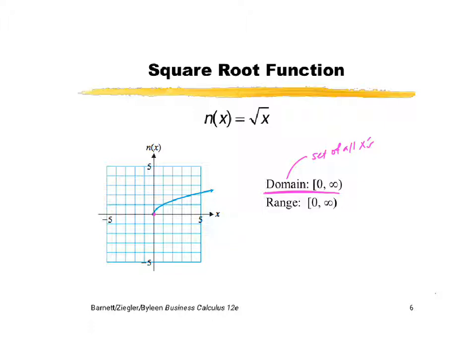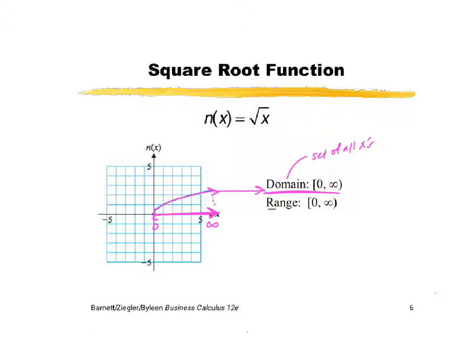Here we have the point 0, 0, and this is going to be the starting point, but since this point is included, I'm going to draw a square bracket at 0, 0, and then the graph goes, and it keeps going and going and going, right, to infinity. And so here I can reflect to the x-axis, and I can say the domain is from 0 to infinity. Okay, so that's where we get that one from.